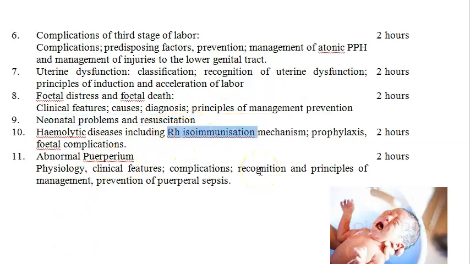If mother is RH negative, right, and the baby is RH positive, they will do all this, right? Then fetal complications, you know, right? The kernicterus and all that. Abnormal puerperium. So you should know normal puerperium to identify abnormal puerperium, that is 6 weeks after the delivery. Okay. You have to prevent puerperal sepsis.